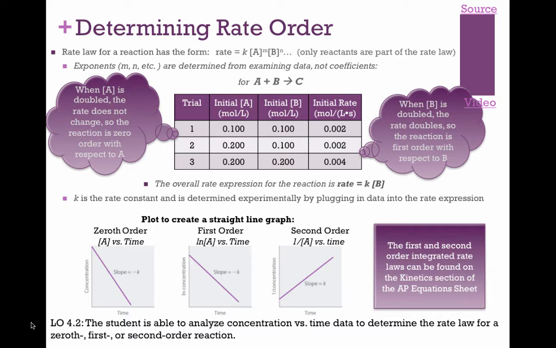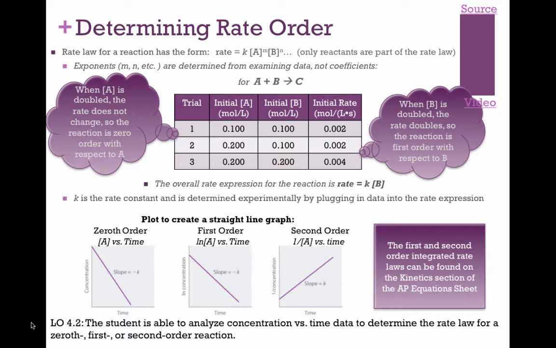So you're looking at concentration. When you're looking at A, the concentration of A is doubled. What do we want to make sure is true of B when we're comparing A? It stays constant, right? It needs to be the same. So when this doubles, this stays the same. What does that mean about A? It's 0, right? When this doubles and this stays the same, it's 0 order. A has no effect on the rate.